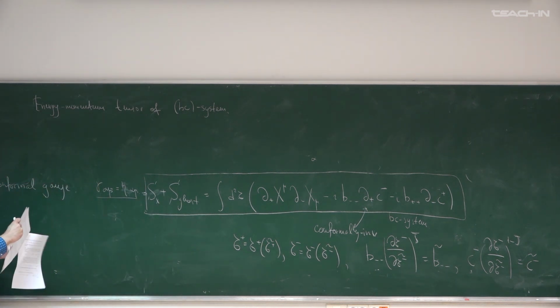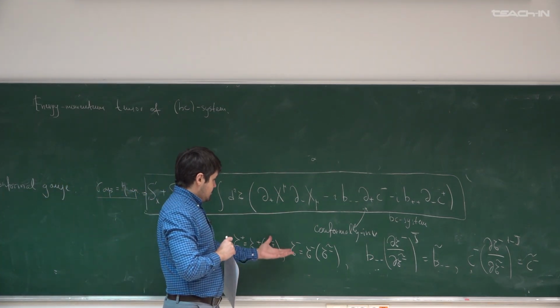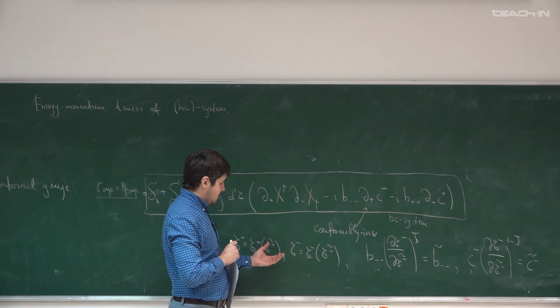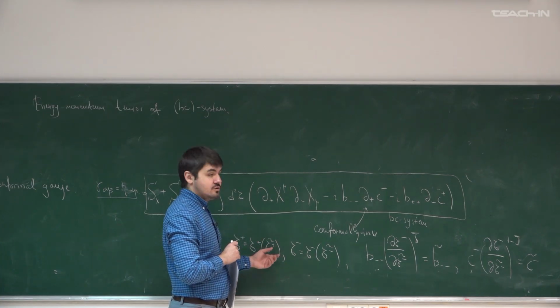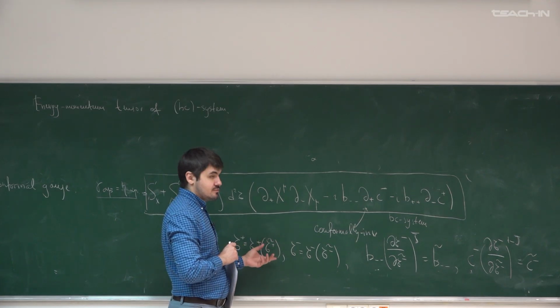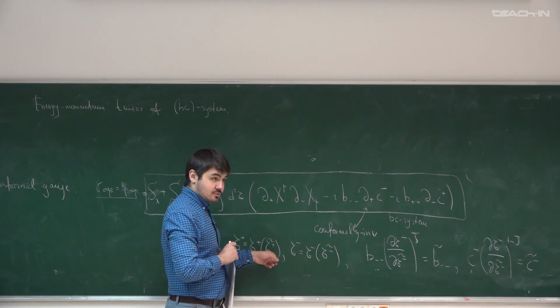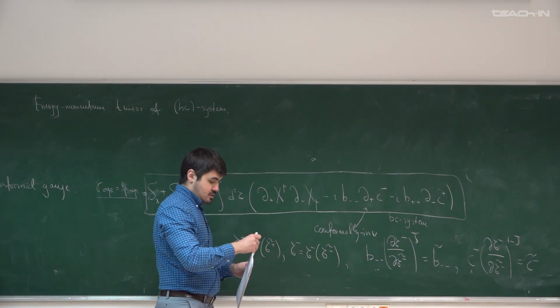To this end, what should we do? By Noether's method, we should promote these transformations to local transformations, meaning, well, they're already local, kind of, but we should let them depend on the second variable as well, right?